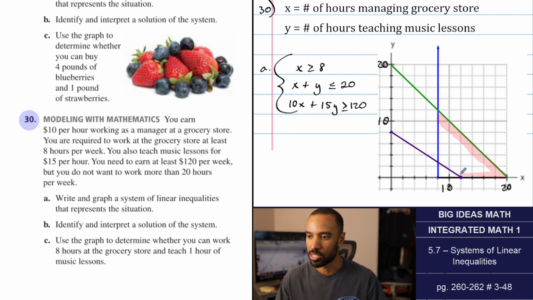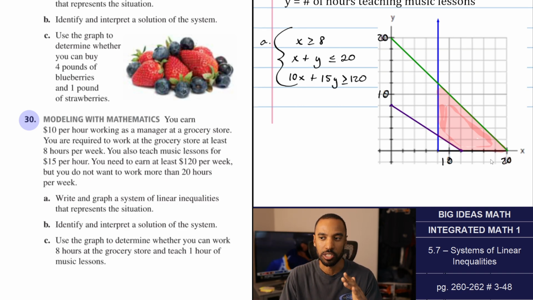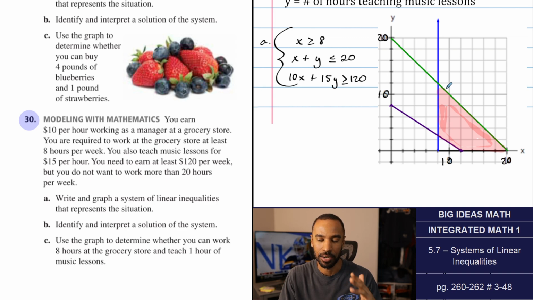And all of these, to my knowledge, were greater than or equal to scenarios, so boundary lines also count as solutions here. So I could work completely at the grocery store and do things like that. But that's my setup there. Any point on here works.